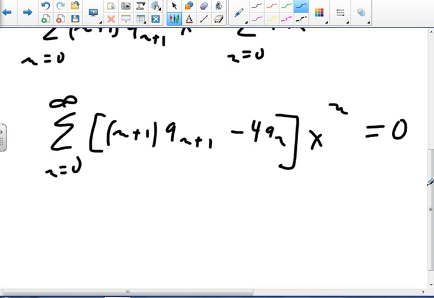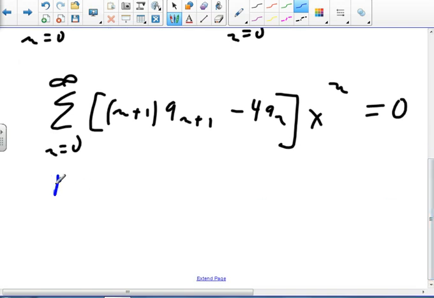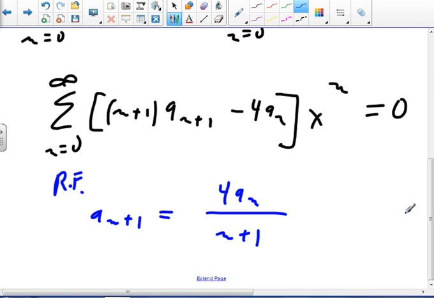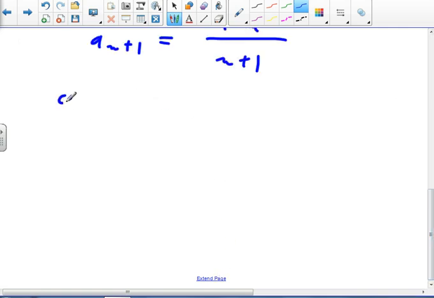I then say, I have a recurring formula. So I set the guy inside the brackets equal to 0, which gives a_(n+1) equals 4 a_n divided by n plus 1. Okay, and then I say to myself, what is a0?